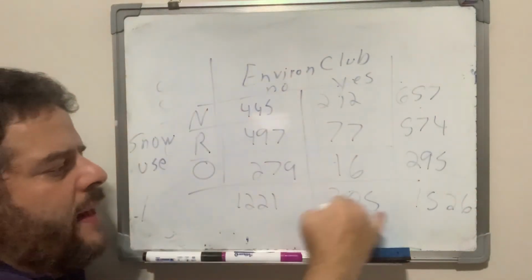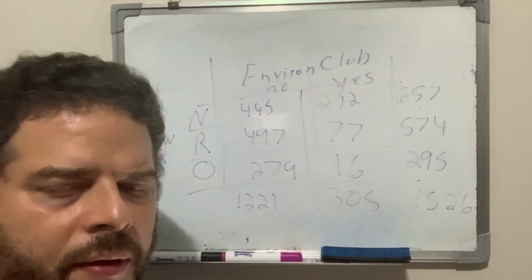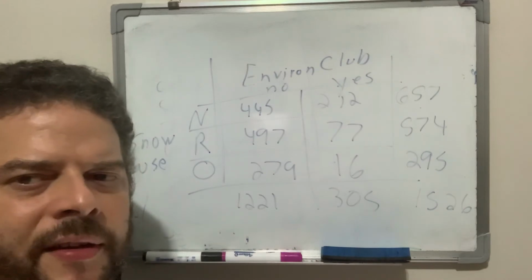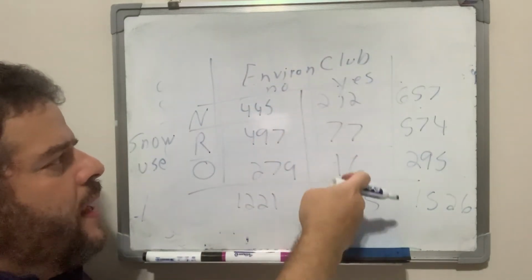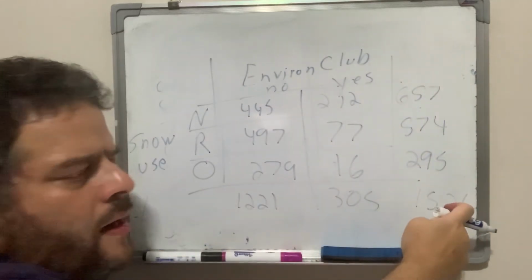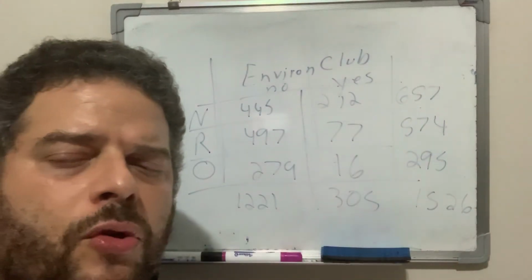Note, you could also add these two and end up with this value right here. I just like adding the columns because I find it easier. Add the columns, add the rows, and I'm done. That is a two-way table.